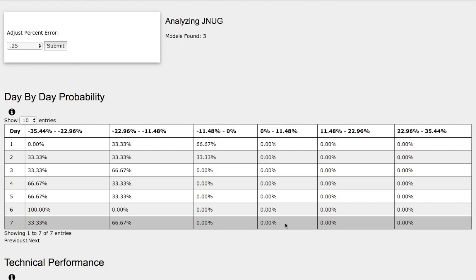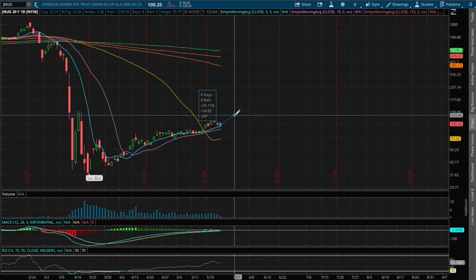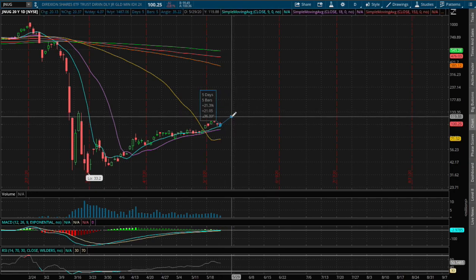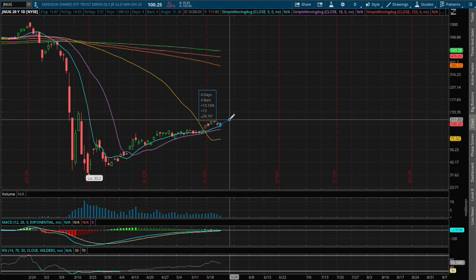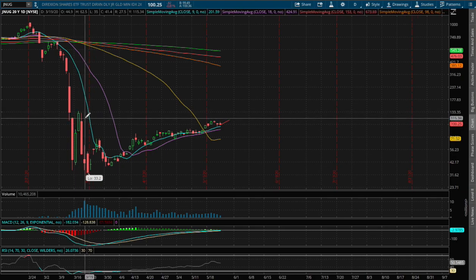On the 7th day, we have a 0% chance for JNUG to climb higher, between 0 to 11%, but let's just mark 11% as our upside potential. If we head back to the technical analysis chart, and we were to move up higher, that price movement to the upside is roughly around a price of $111, and we'll mark that as our first immediate resistance.